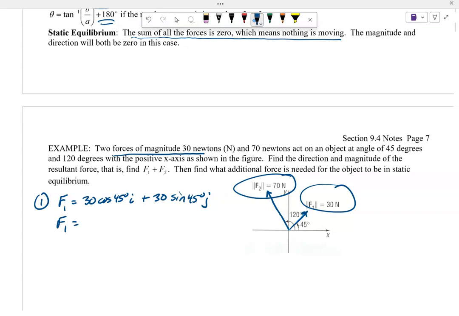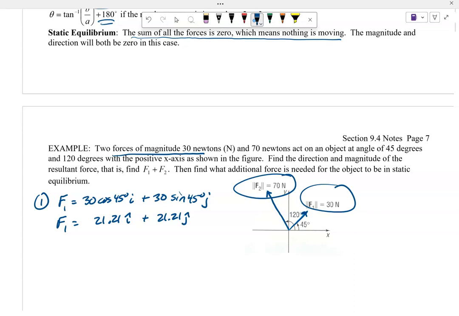So I'd punch in 30 times root 2 over 2 and I get 21.21 i. I can do the i hat if you want. Sometimes I get lazy and don't put my hats on. 30 times sine of 45 degrees, 21.21. Okay, there's the first one.